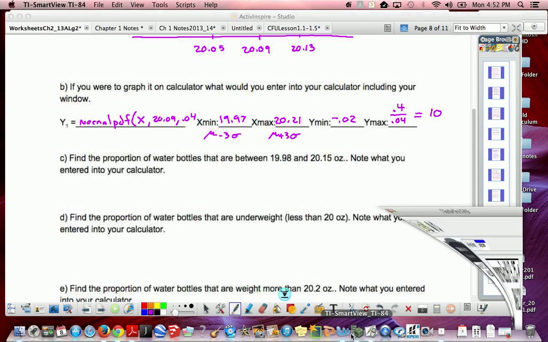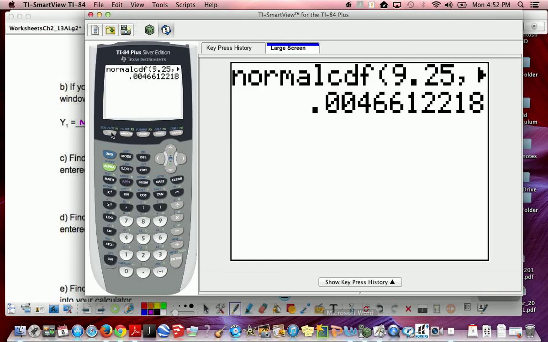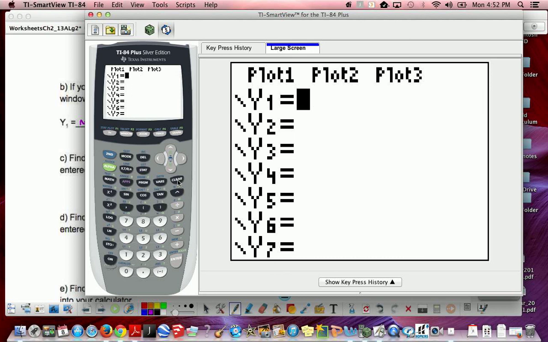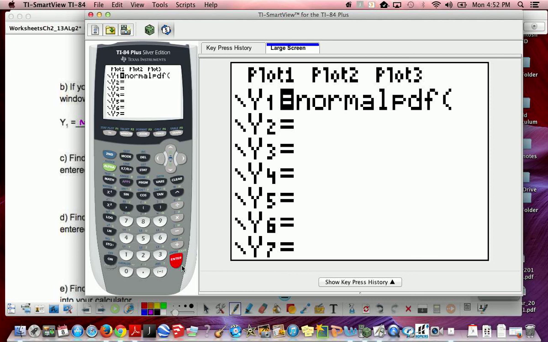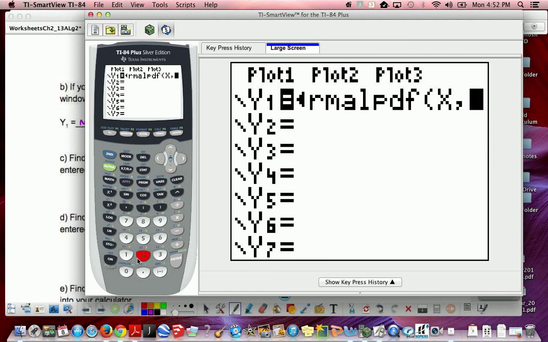So if you want to see the graph again, we can type that into my y equals. So if you go to y equals, if I go second vars, normal PDF, so I want to type in x, comma, 20.09, comma, 0.04, close my parenthesis.